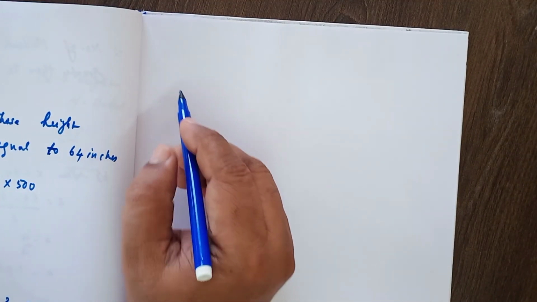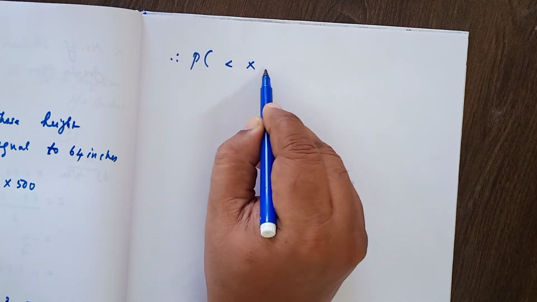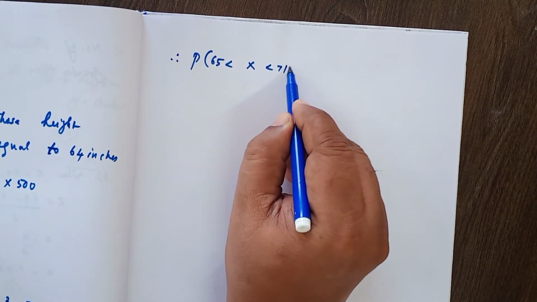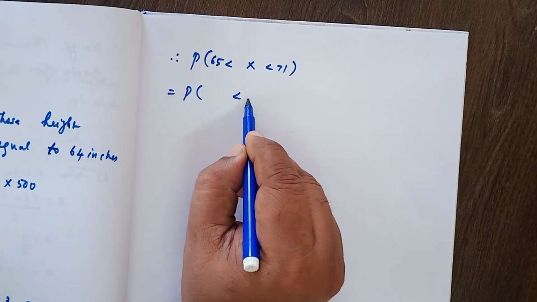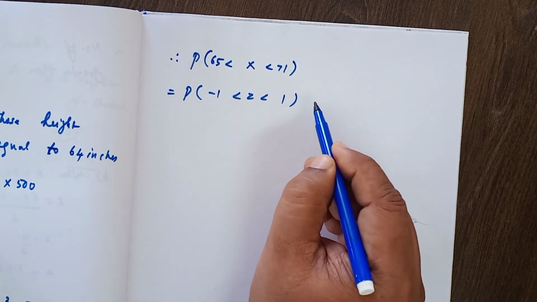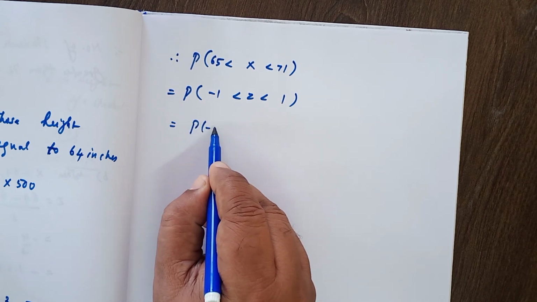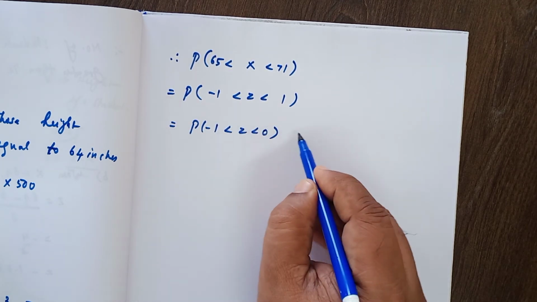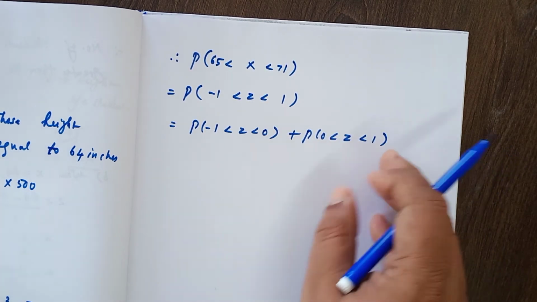Therefore, probability of x lies between 65 and 71 equals, we have changed x into z, the corresponding values minus 1 here, plus 1 here. So probability of minus 1 less than z less than 0 plus 0 less than z less than 1.